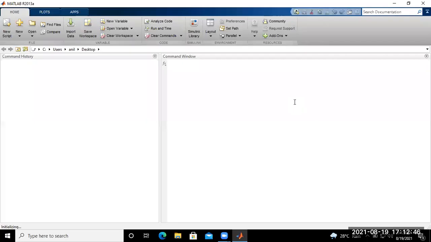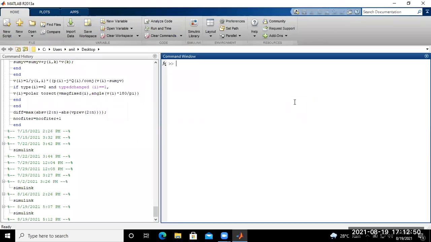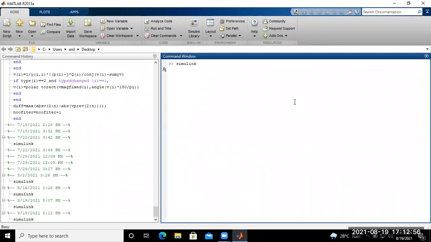So just type here Simulink. Just quickly track all the components what you required for the circuit. Just here.